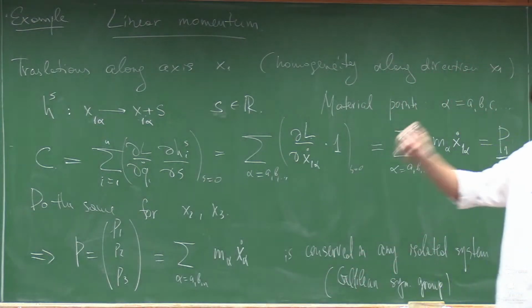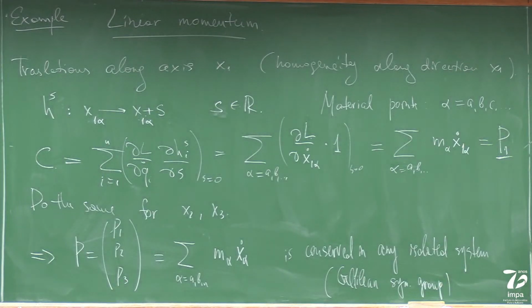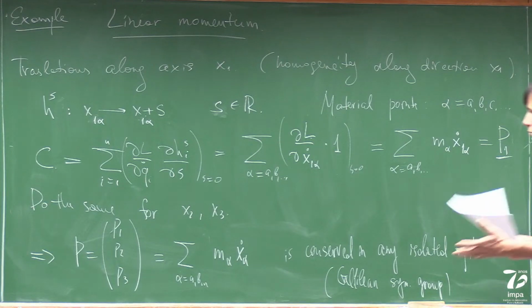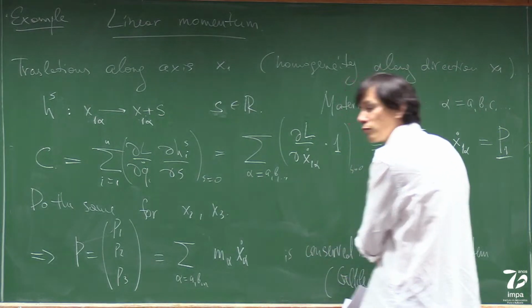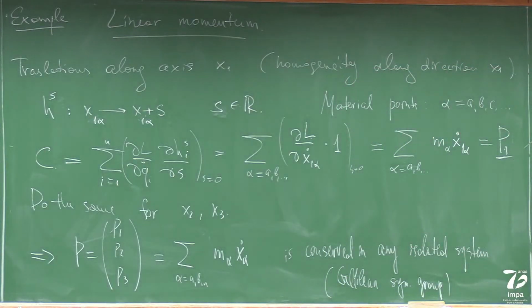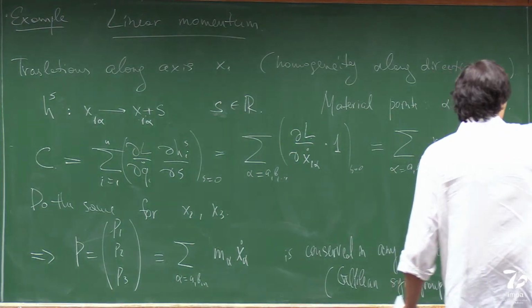That would be the straightforward way, but it's not a conceptual way, because it doesn't explain why it is conserved. It turns out that it's conserved not by coincidence, but because of the symmetry. The symmetry just demands that it's conserved.